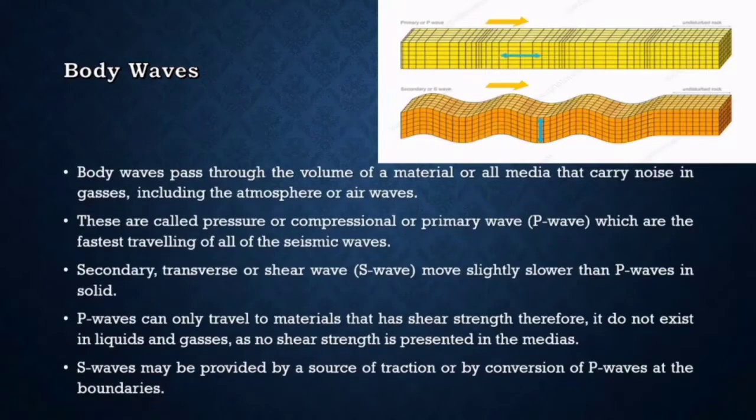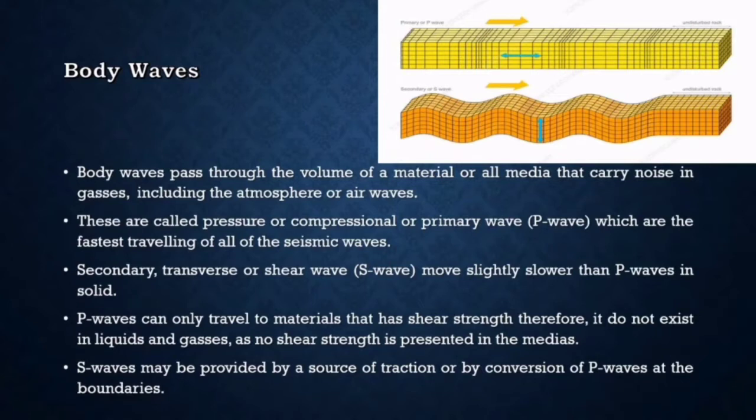Body waves. Body waves pass through the volume of a material, or all media that carry noise in gases, including the atmosphere or air waves. These are called pressure or compressional or primary waves, P waves, which are the fastest traveling of all the seismic waves.